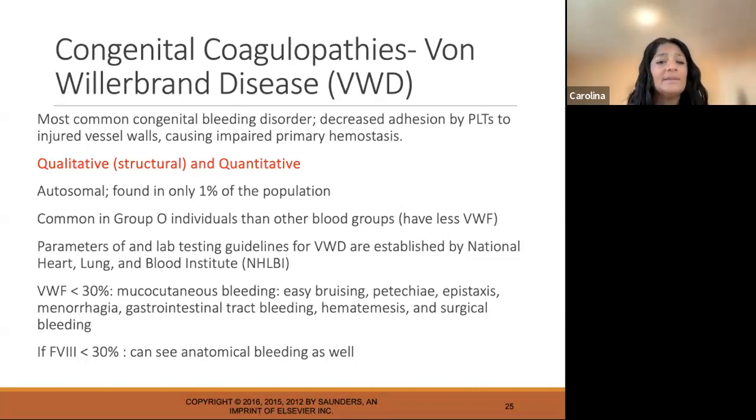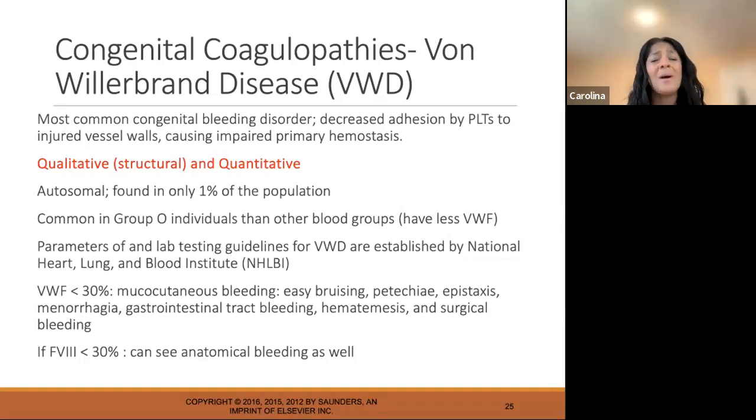So we have to look at the parameters and testing guidelines for von Willebrand, and all of that is established by the National Heart, Lung, and Blood Institute, the NHLBI. They let us know these are the tests you need to look at to diagnose someone with von Willebrand disease.